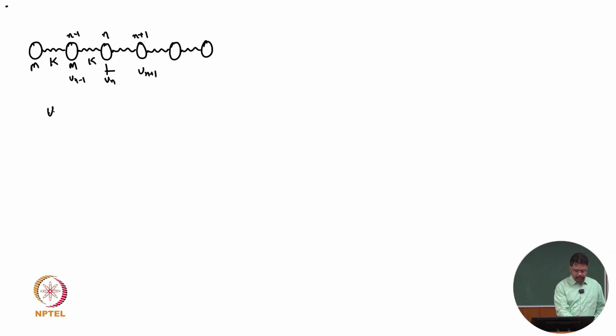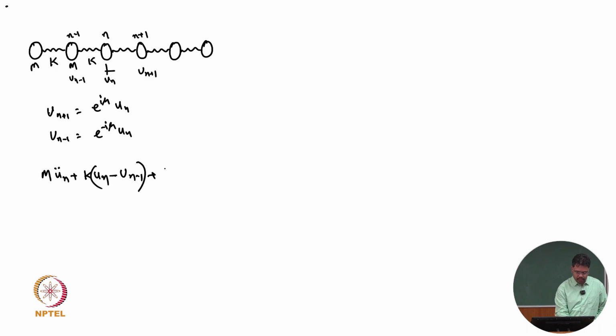So what can I write? un plus 1 will be equal to e to the power of minus i mu times un, and un minus 1 equal to e to the power of i mu times un. And if I write the equation of motion for the nth mass, I can write m un double dot plus k into un minus un minus 1 plus k into un minus un plus 1, that is equal to 0.